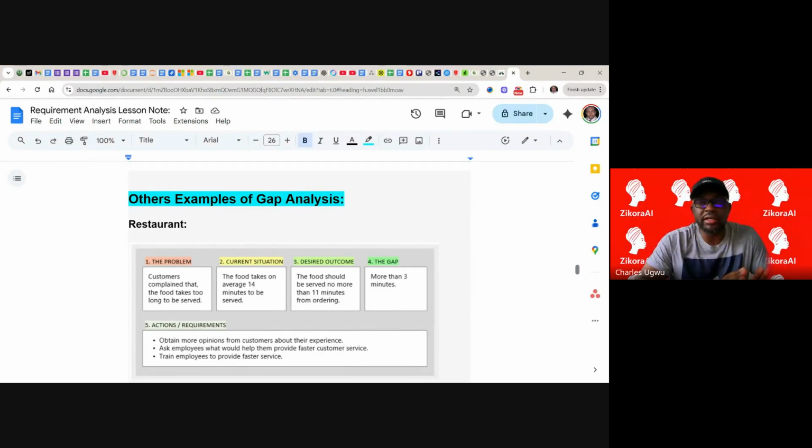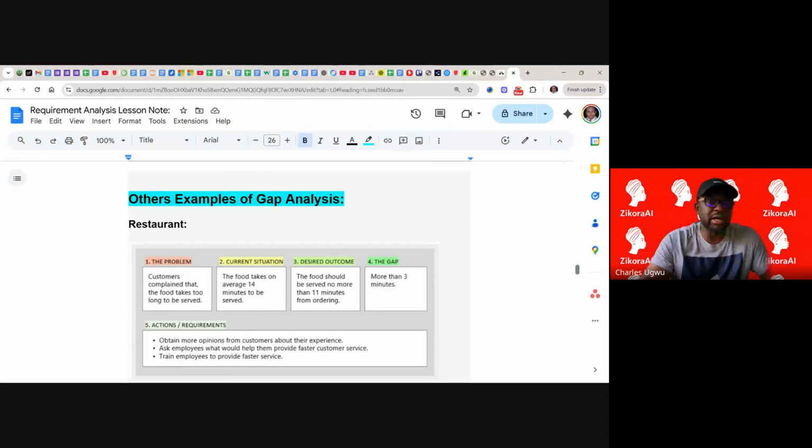That is why we try to map out processes to help us understand the gap within a process. This example will help us understand the process of serving customers food in a restaurant.